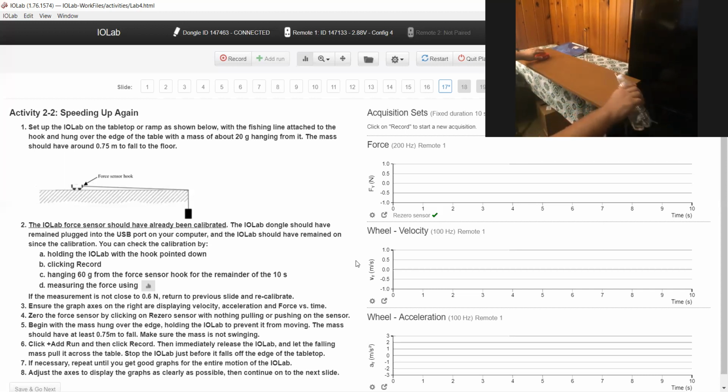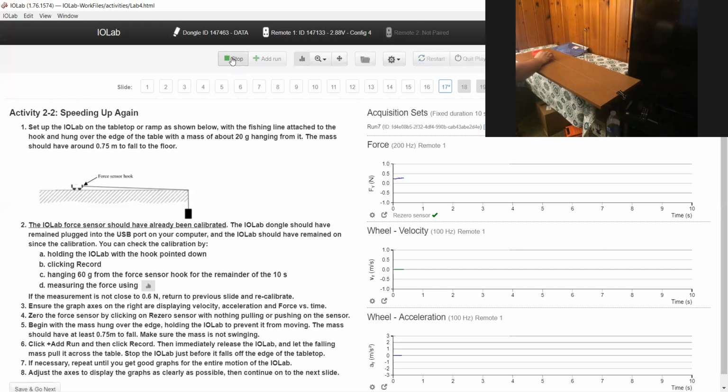It's better to have this setup, because it cannot create friction, so the cart can be pulled directly by the force that we apply. We just want to release it and leave it after some seconds. I left it a little bit long, so let me do it again.